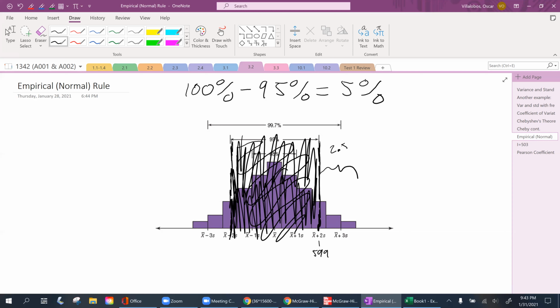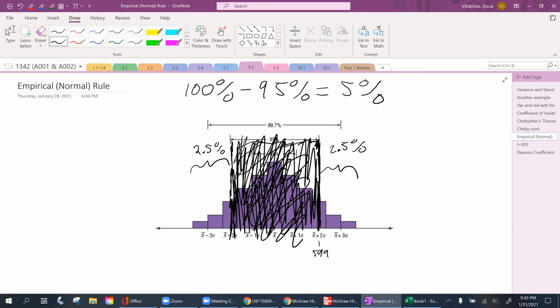This here would be 2.5%, and this other half would also be 2.5%. So we really need to be careful what they're asking. You would approach this the same way with Chebyshev, but you would stop at that K value and locate what percentage is locked in between, which we stated is 95, subtract it from 100, and then divide by 2.